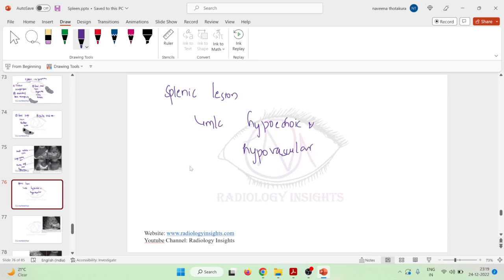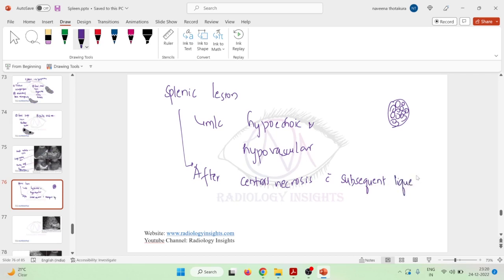Whenever there is lymphoma, there is growth of cells as a mass, and slowly liquefaction starts. That is, central necrosis will occur, and along with central necrosis you will see liquefaction.